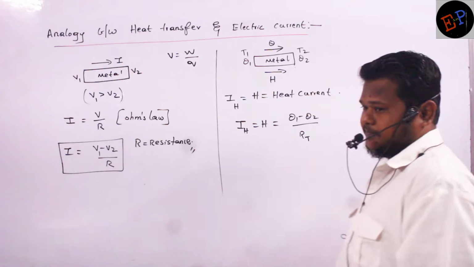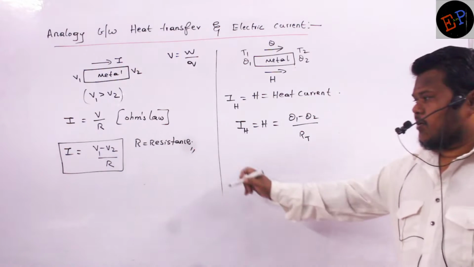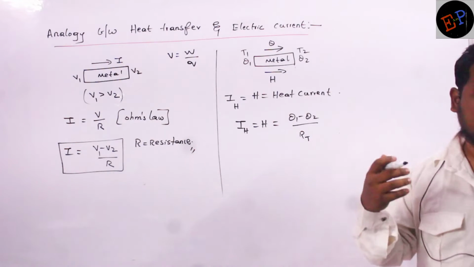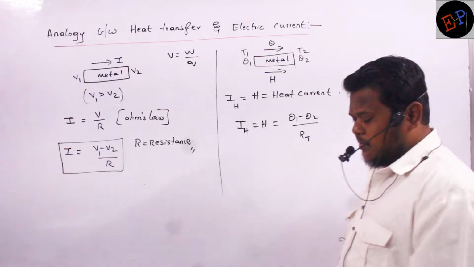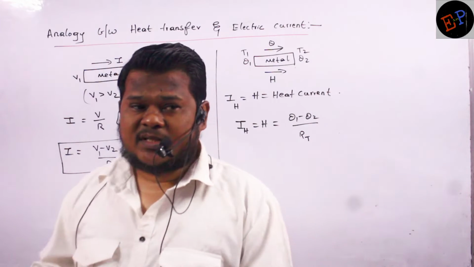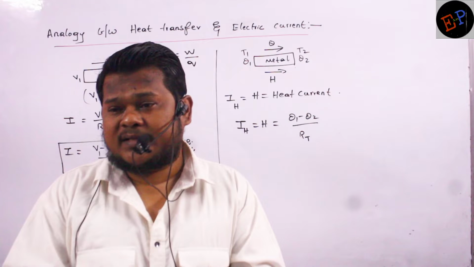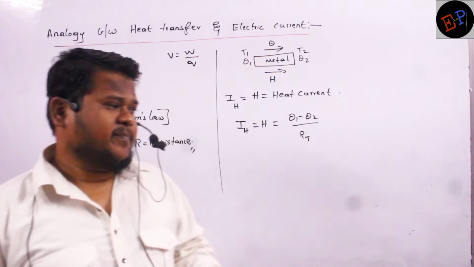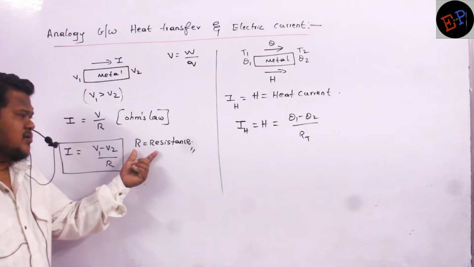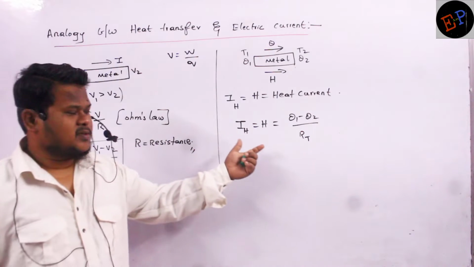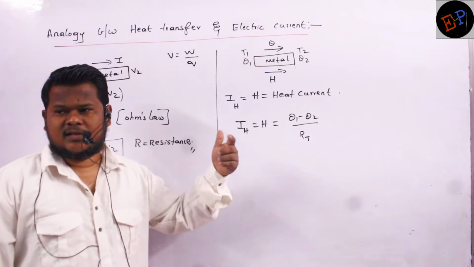Here R means resistance, and RT means thermal resistance, the ability of the material to obstruct the flow of heat. The ability to obstruct the flow of current is called resistance, and the ability to obstruct the flow of heat is called thermal resistance.